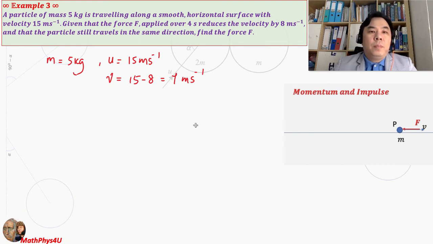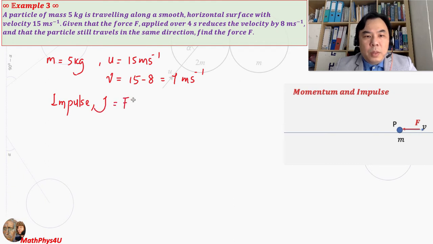All right. Now, by using the same principle, impulse, which is given by J here, can be written as the product of force and time, or it can be represented as change in momentum.